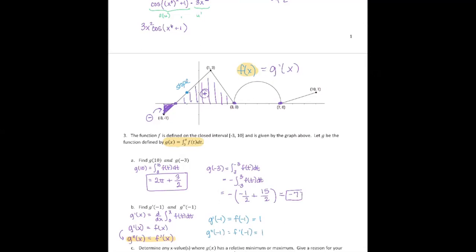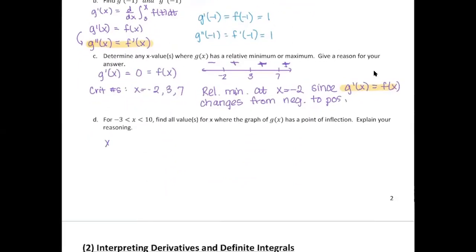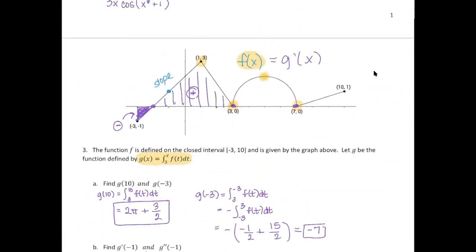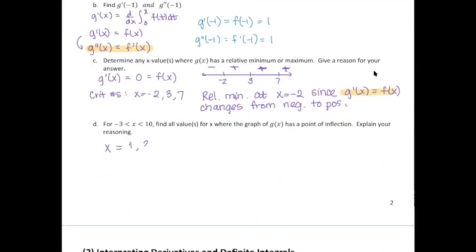Okay, so we have relative extrema, and we can't include the endpoints because it was an open interval, at x equals 1, at x equals 3, at x equals 7, and right here at x equals 5, because that's a relative maximum. We're looking for maxes and mins along the graph. So the answers would be x equals 1, 3, 5, and 7.